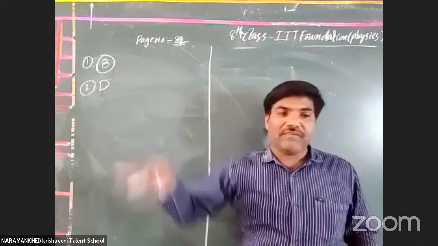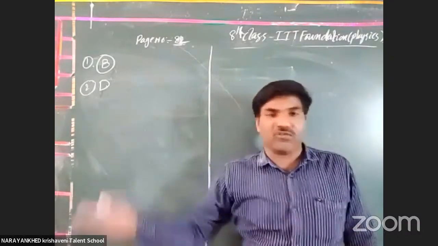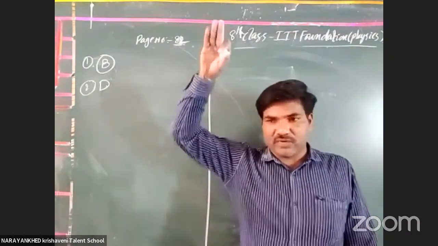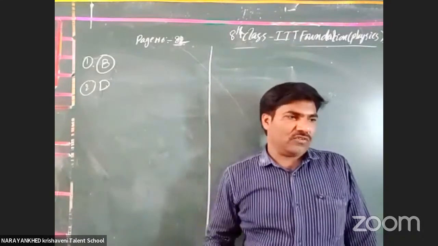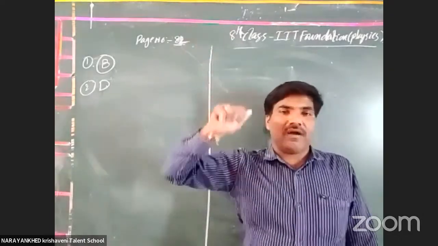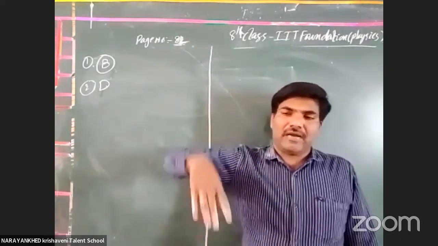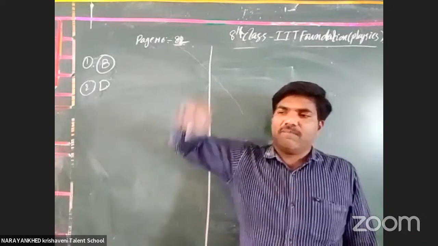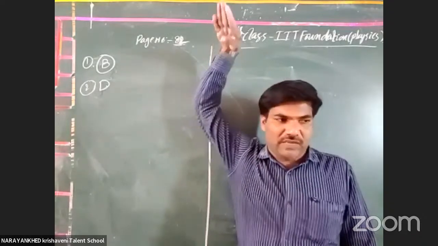Now, the gravity force is working downward. Our body wants to move forward. Then how is it possible? Against the gravity force, the jet gases are giving force.